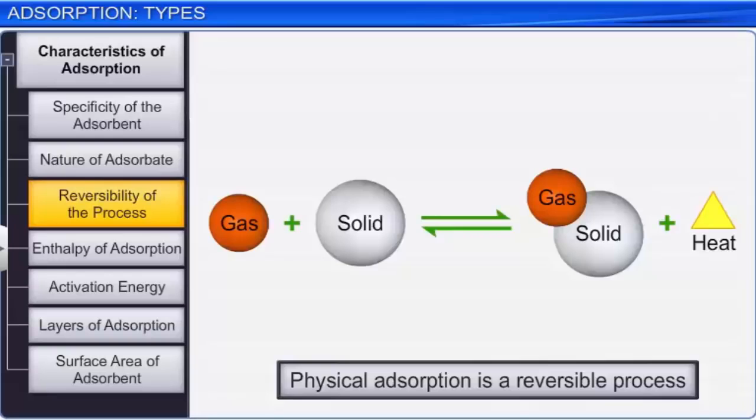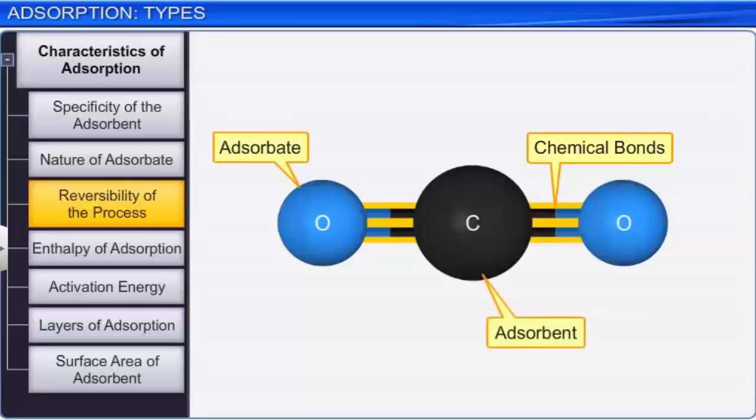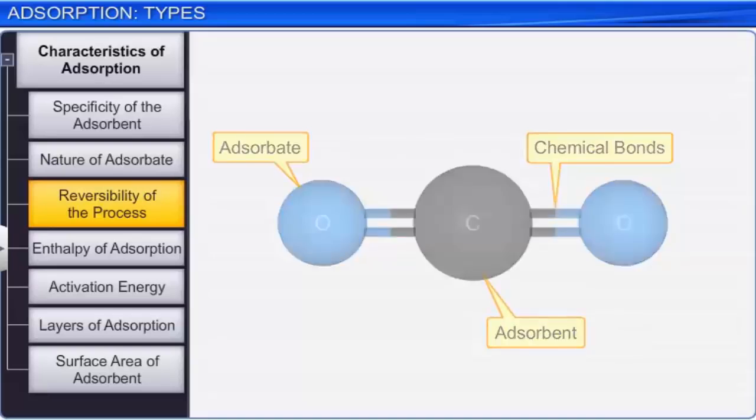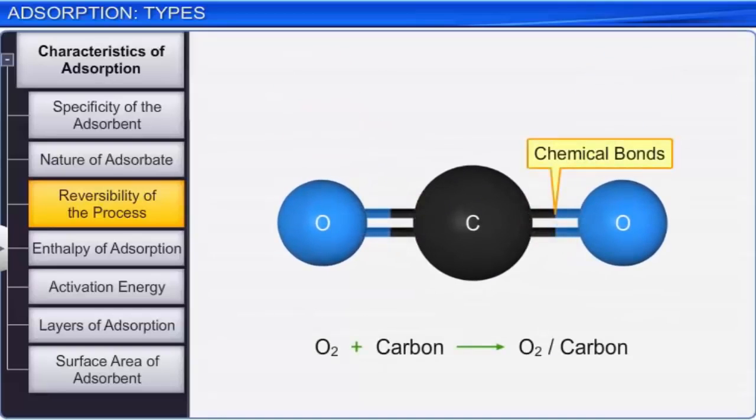However, during chemical adsorption, chemical bonds are formed between the adsorbate and the adsorbent molecules. For example, when oxygen is chemically adsorbed on carbon, to reverse this process, there is a need to free the adsorbed gas.